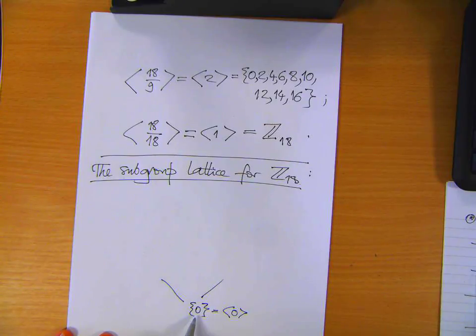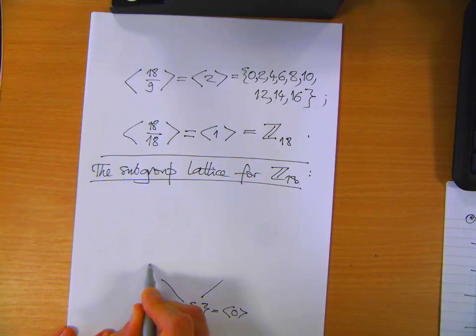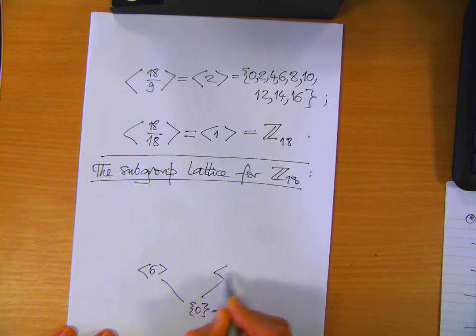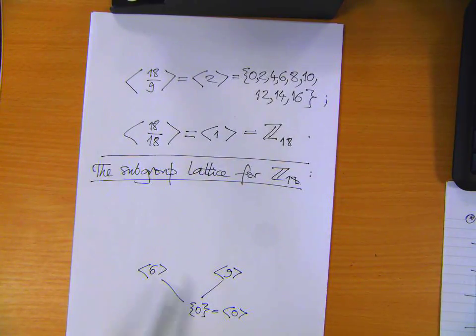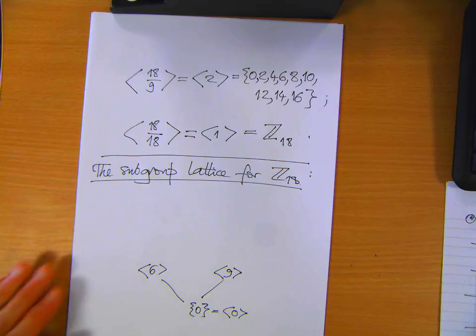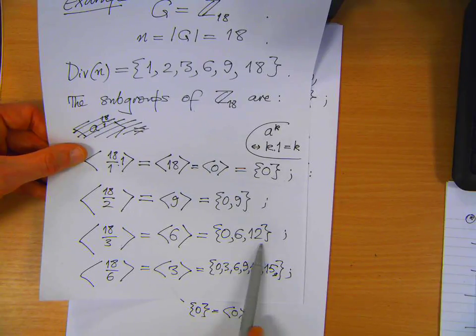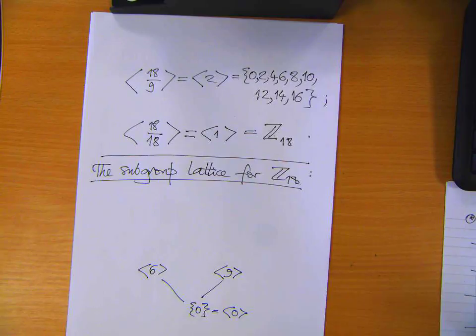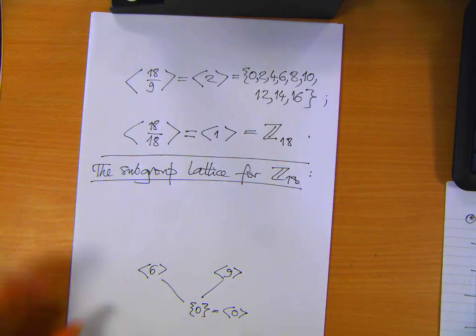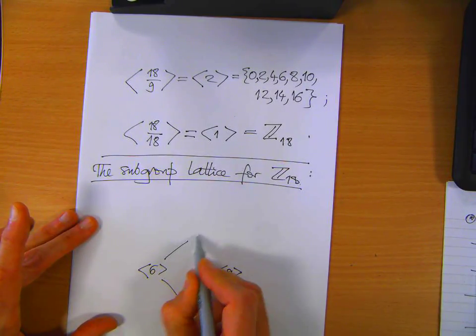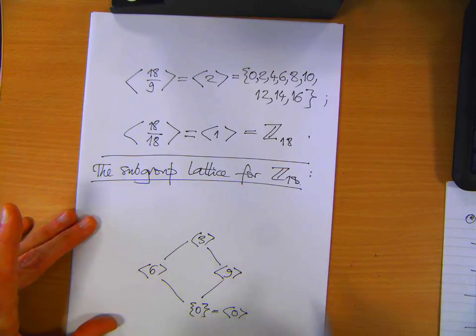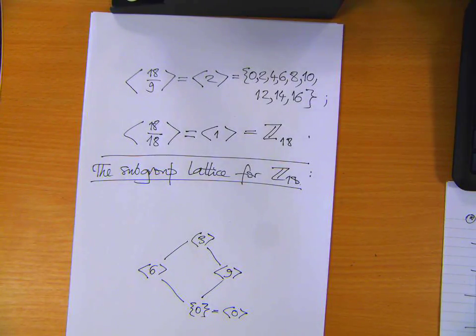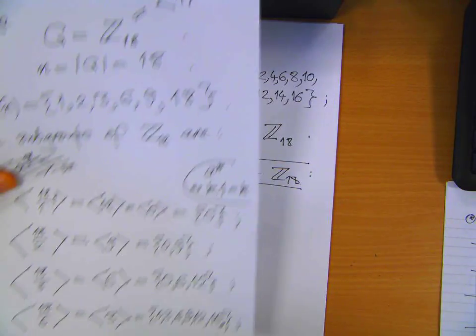So, for instance, 0 is a subgroup of both the subgroup generated by 6, which was 0, 6 and 12, and it's also a subgroup of 0 and 9, and there's nothing in between. Okay? And then each of those is a subgroup of 3. Sorry, I haven't got everything on the same page.